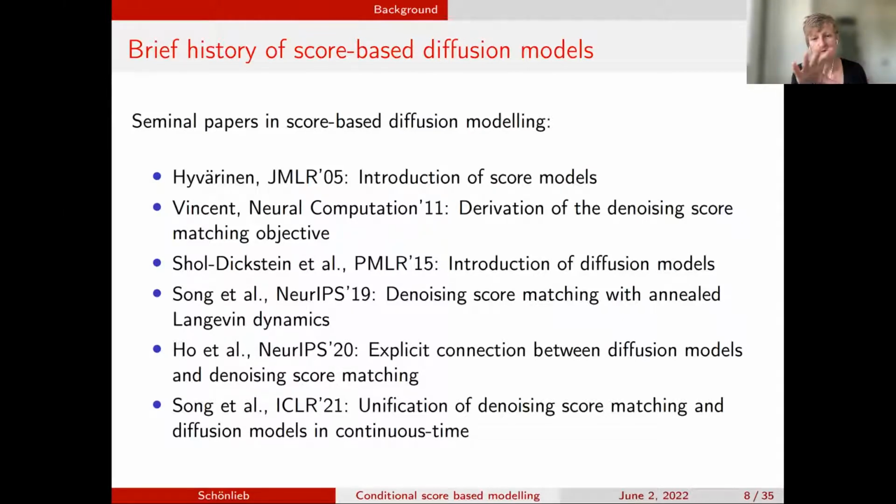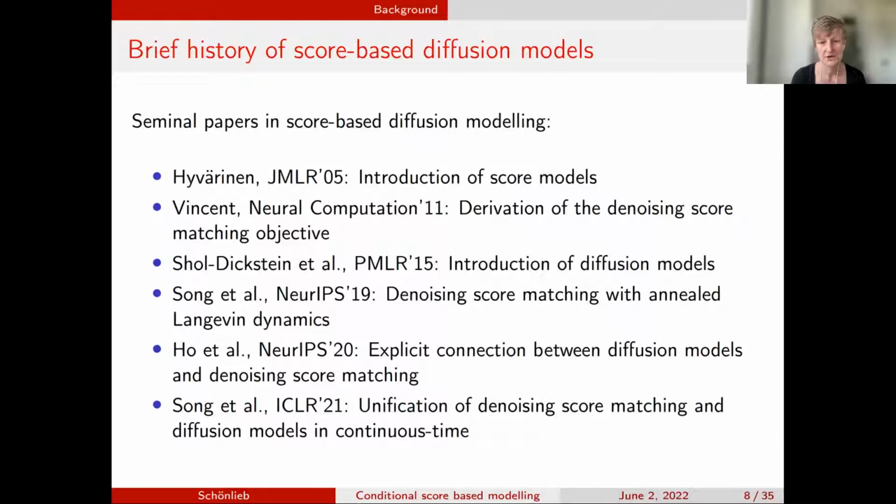I think I said more or less what is on this slide already. So score-based modeling has been around for a while, where people have tried to learn the score, but at a fixed, discrete, finite number of diffusion times, and then have not used the reverse SDE, but have used something like Langevin or annealed Langevin to sample with this learned score.